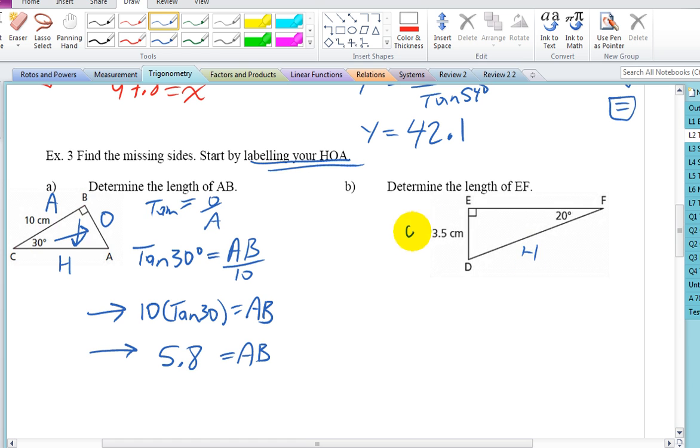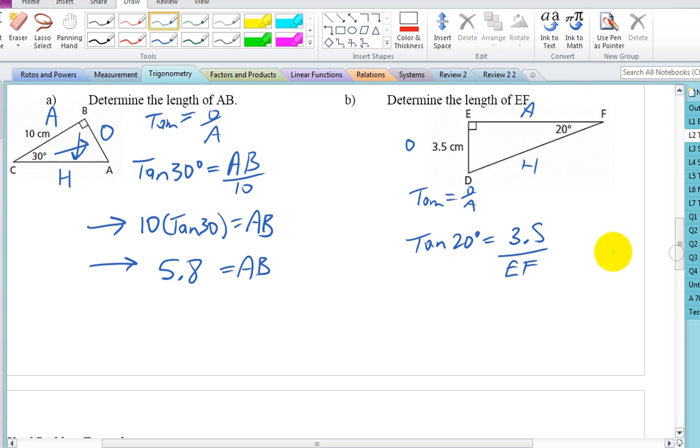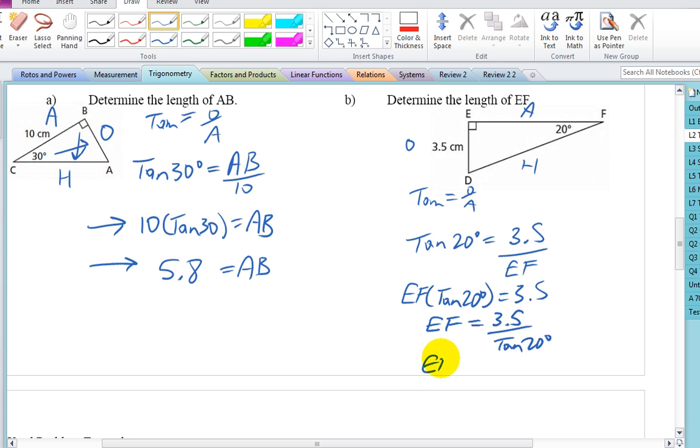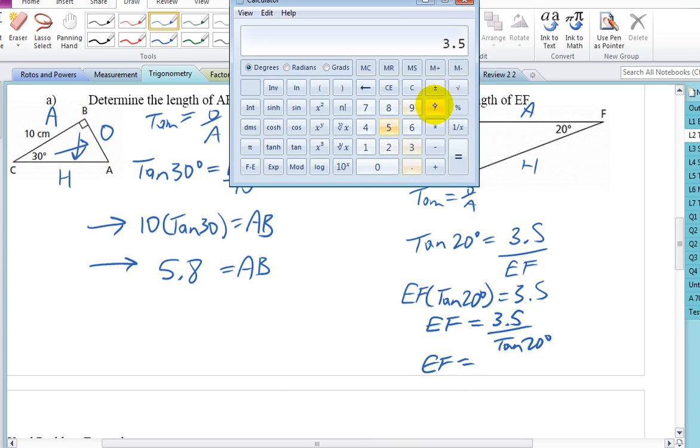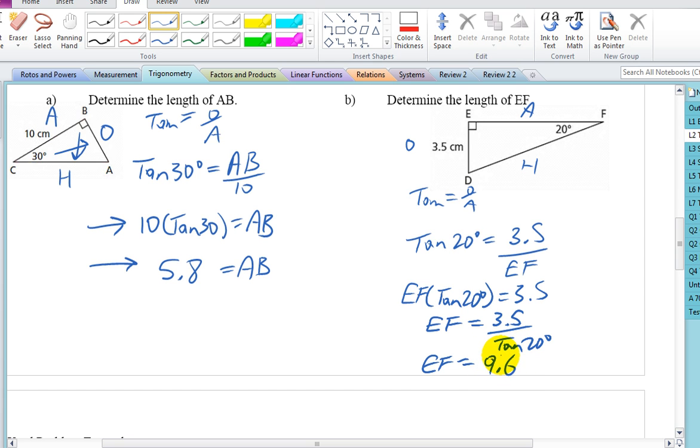So this will be your H, your O, and your A. So this will be just like the question above it. 9.6. Hands up if you got that.